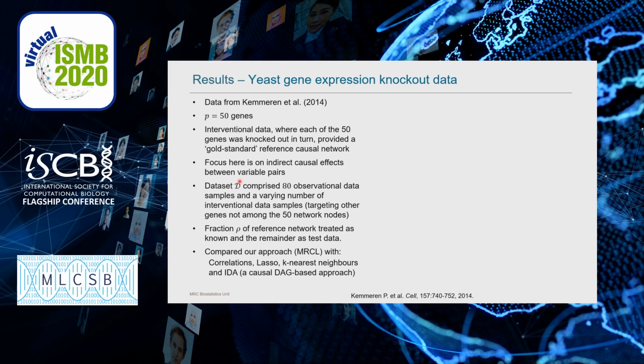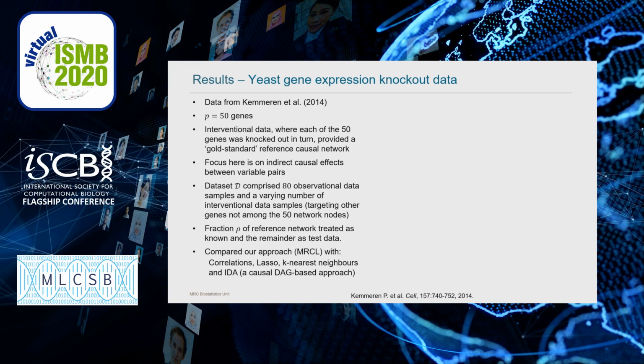Then our dataset B comprises 80 observational data samples and a varying number of interventional samples, where importantly these interventions do not target any of the 50 network nodes. We then use a fraction rho of the reference network as known labels, and we apply the semi-supervised approach to learn the remaining labels.